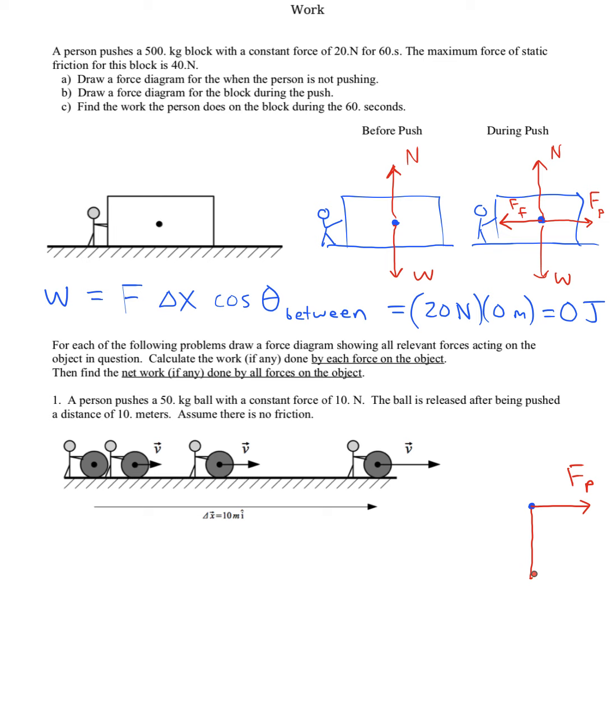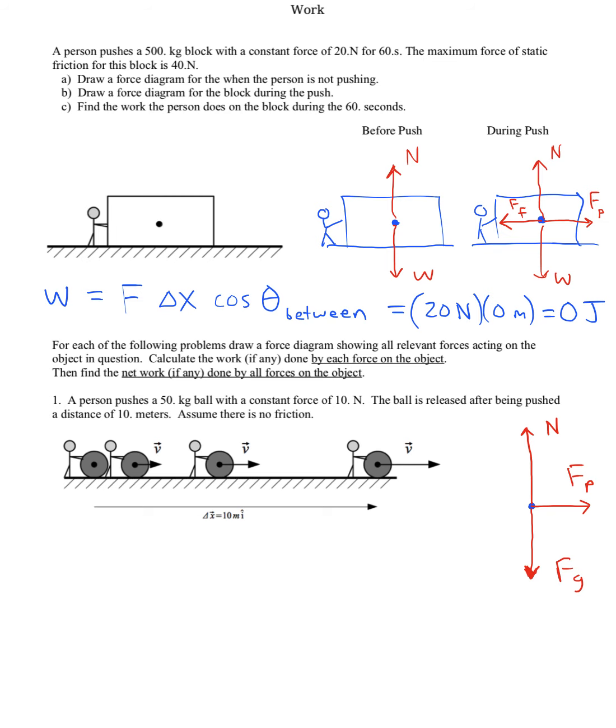The ball naturally has a weight, Fg, and there's going to be a normal force as well. And those are all the relevant forces. The ball's rolling, so there's going to be very little to no friction.